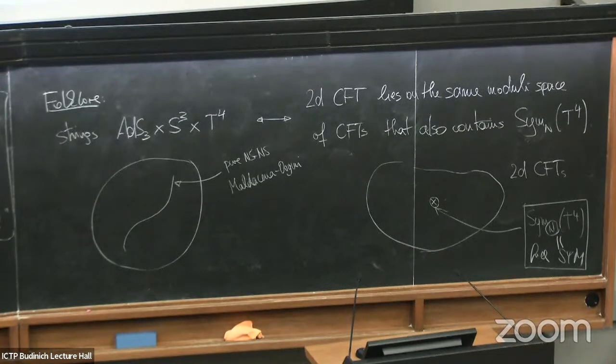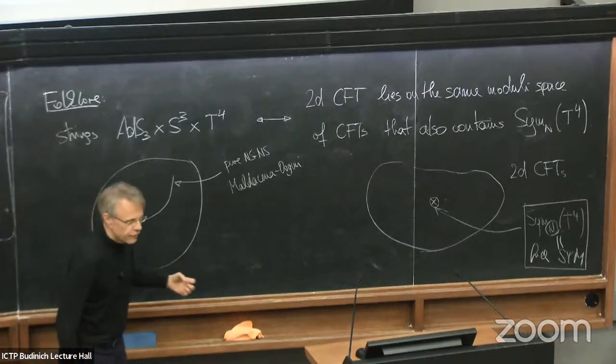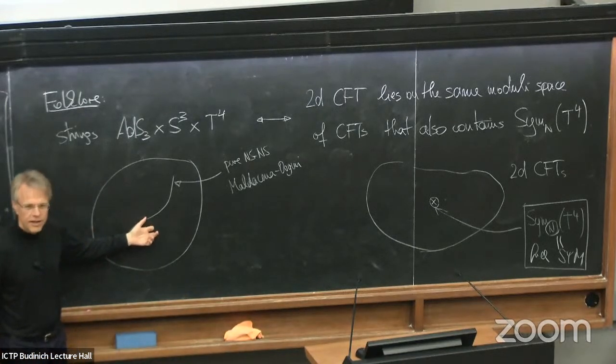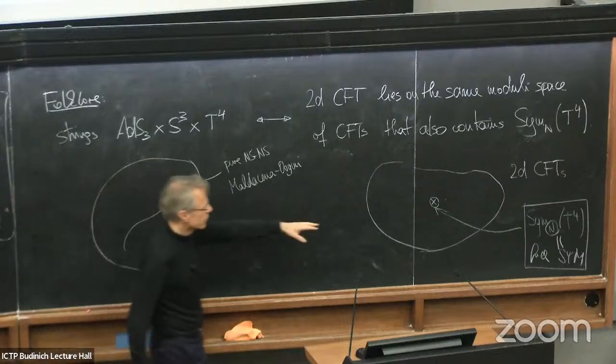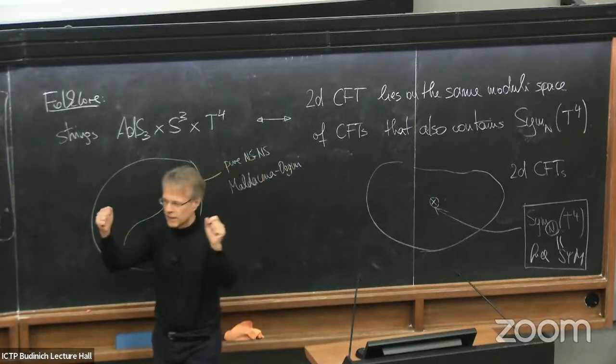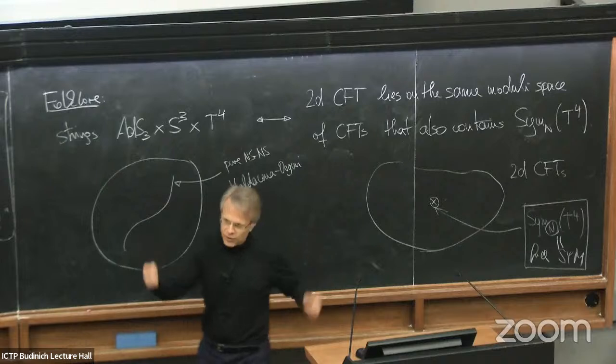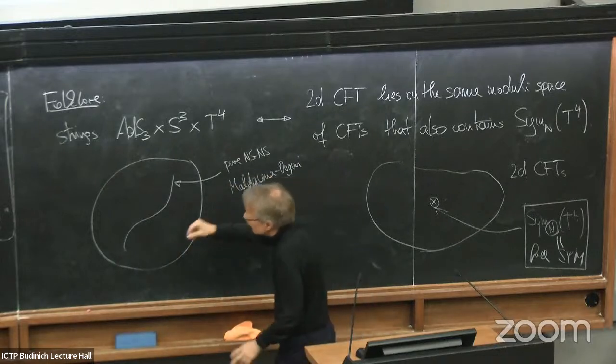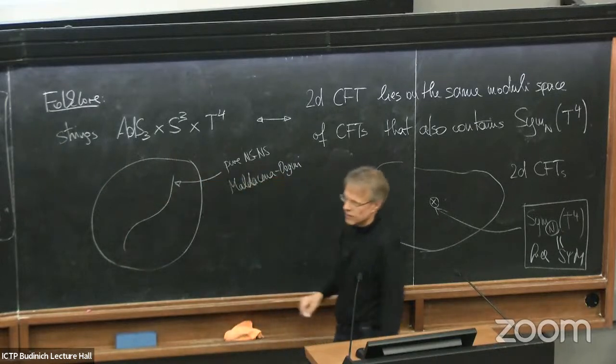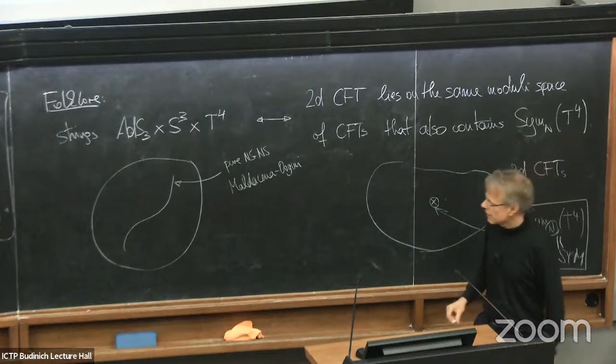At least that was sort of my working hypothesis. It would be cruel if you could solve this theory on some piece that had nothing to do with this theory, despite the fact that both of them are simple. Anyway, so what I'm arguing is, for whatever reason, let's just concentrate on the background with pure Neveu-Schwarz flux.